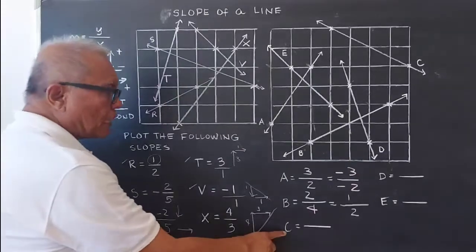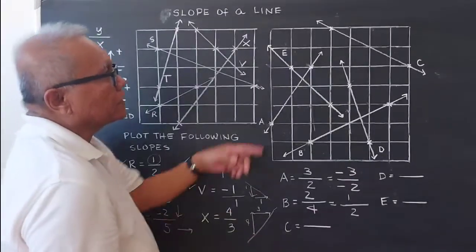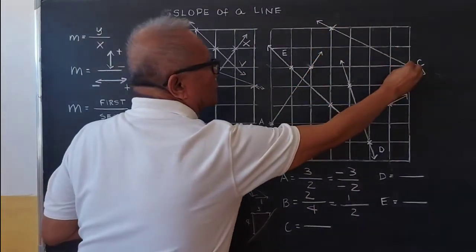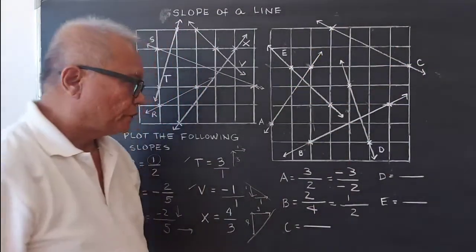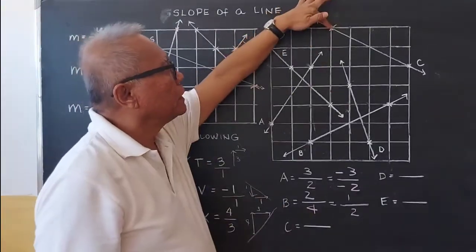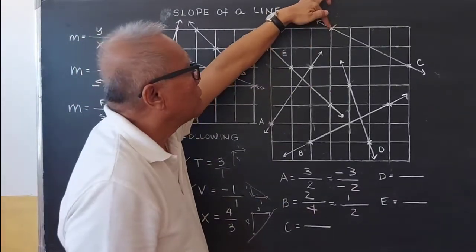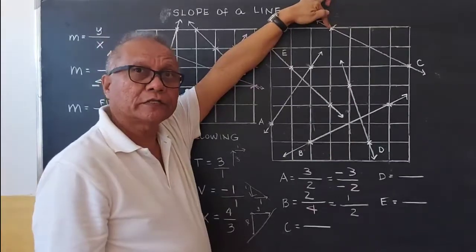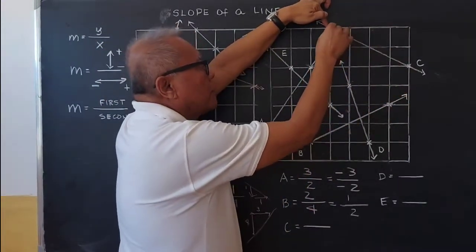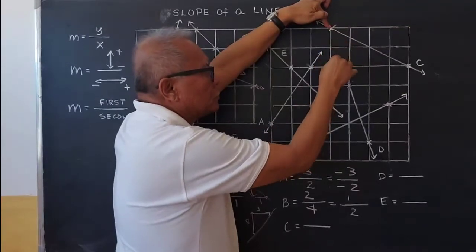Let's have our line C. Where is the line C? There, the line C. We have a point here and we have a point there. So where do you want to start? Can we start here? Yes, we can start there. Okay, from here we go down first. So we have 1 and 2.